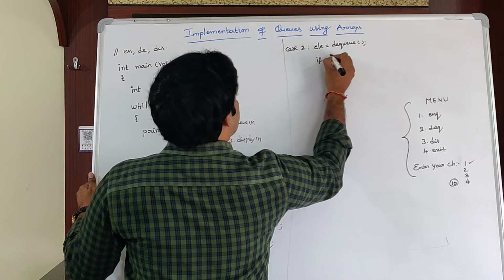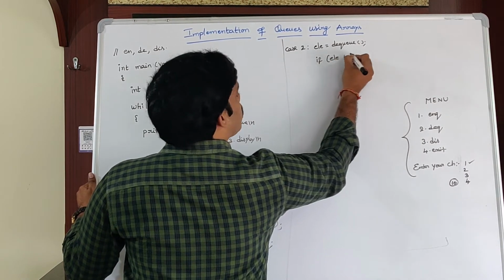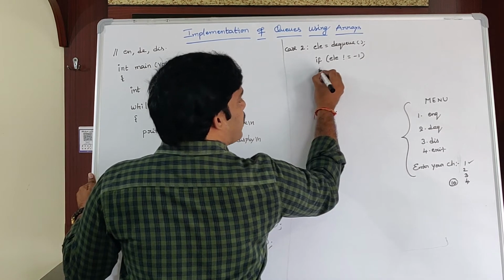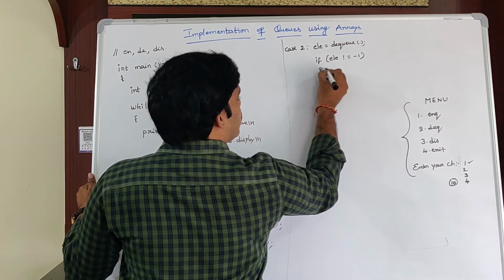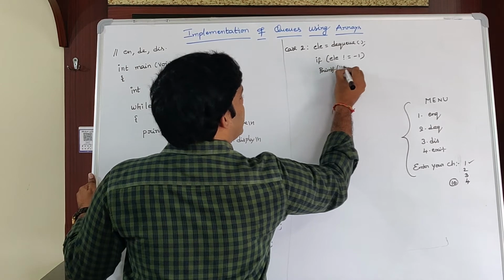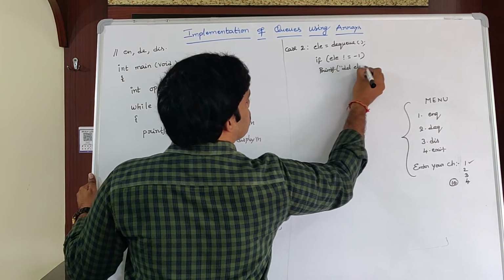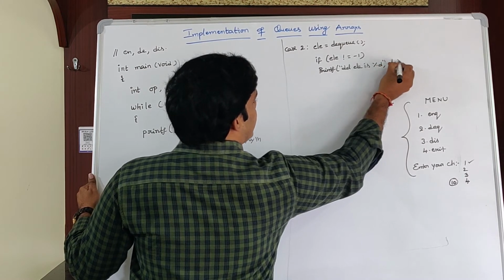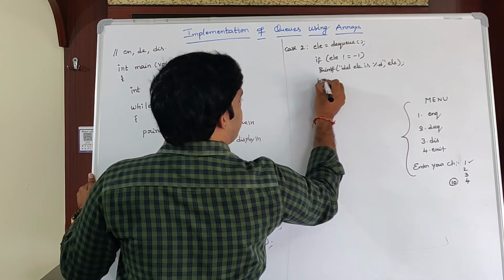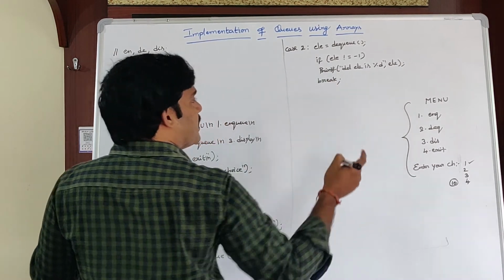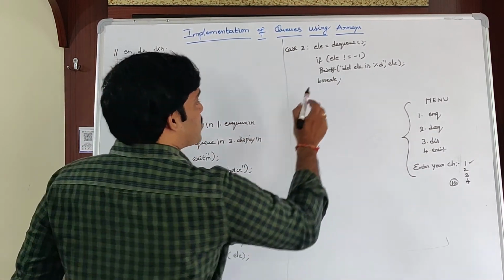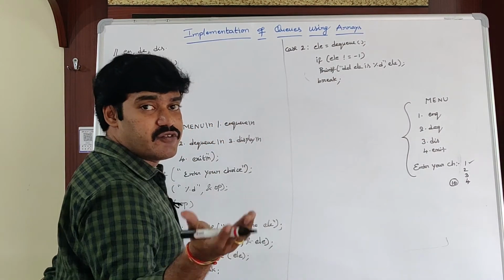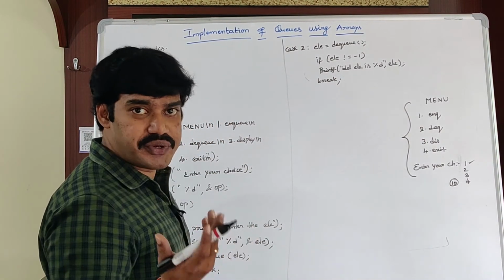If ele is not equals to -1, then printf deleted element is %d comma ele, break. If it returns -1, the not equals to -1 condition is false, coming out of the if, break. That means if Q is empty, it is not possible to delete the element.